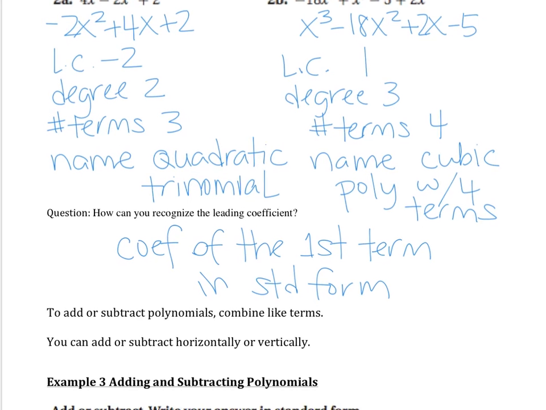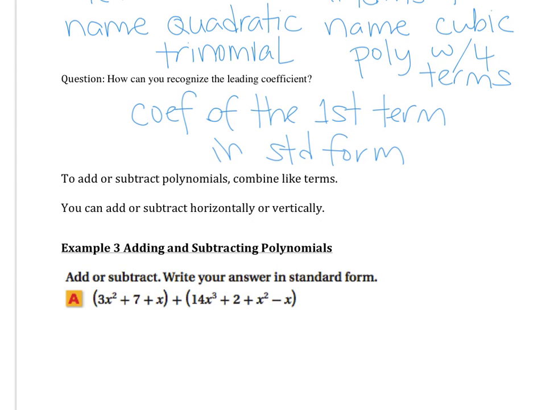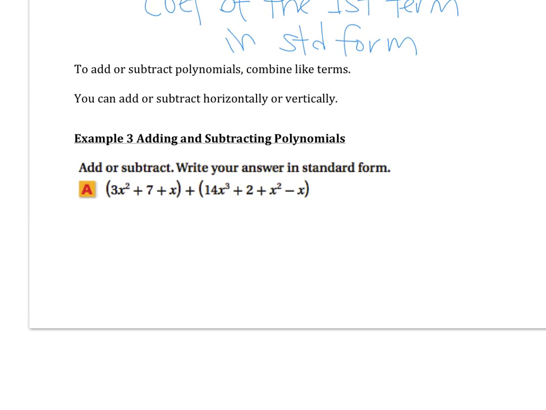Okay, we're going to add or subtract polynomials, and we add or subtract polynomials by combining like terms. We can add and subtract either horizontally or vertically, so it's whatever you feel most comfortable with. I'm going to first write these in standard form.